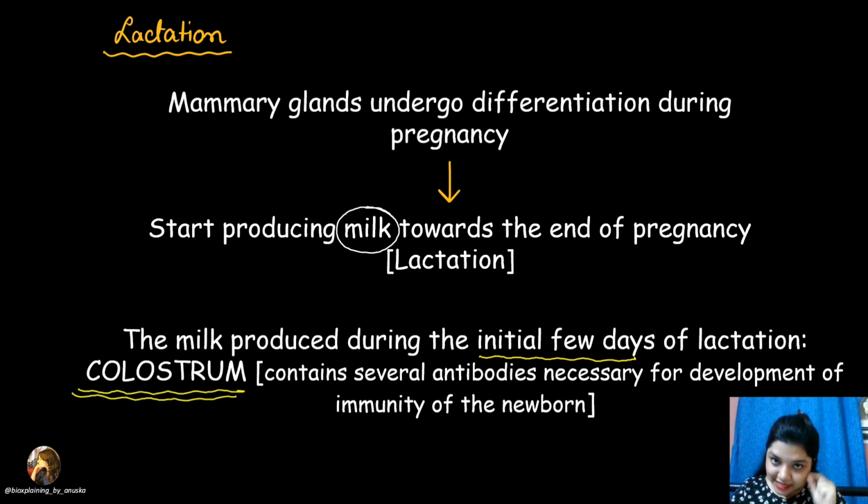Why is it extremely important to feed a newborn with this colostrum? Because it contains several antibodies. When the newborn child has just been expelled out of the mother's body, for the first few days the child doesn't have a strong immune system, right? So the child might be susceptible to various infections and diseases. So this colostrum is a ready-made source of antibodies.